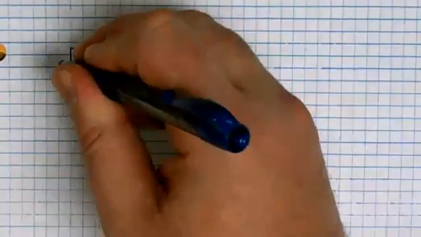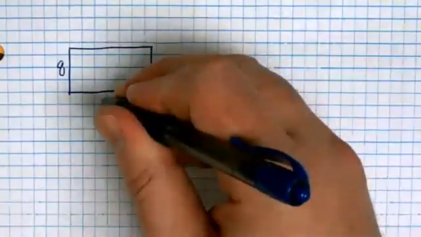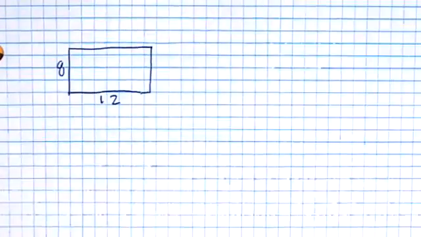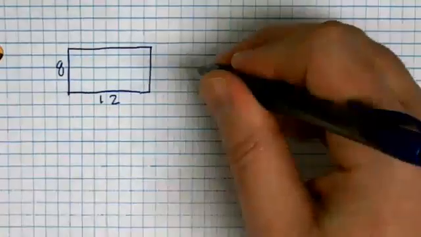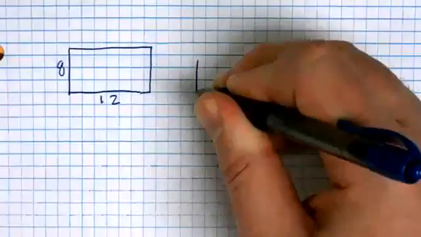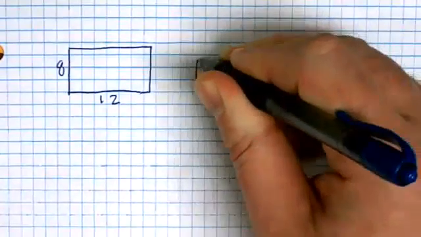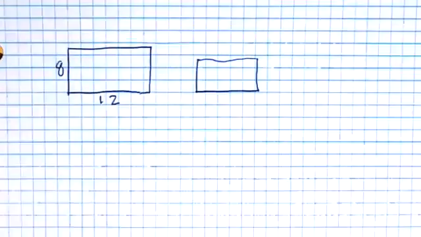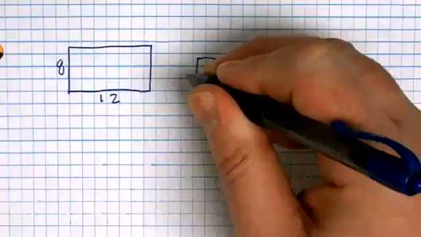I'm going to tell you that this side is 8. This side is 12. And then I've got another rectangle next to it that's a little bit smaller. This side here is 6.